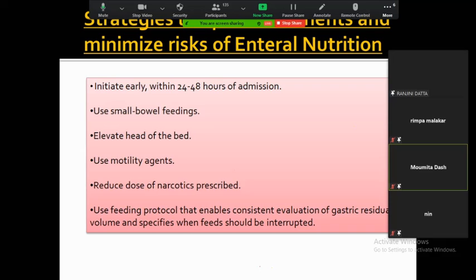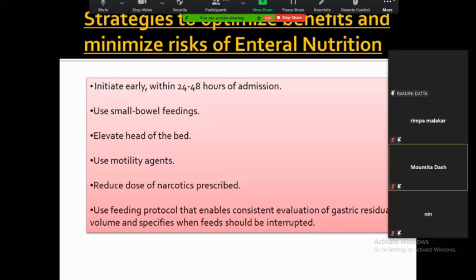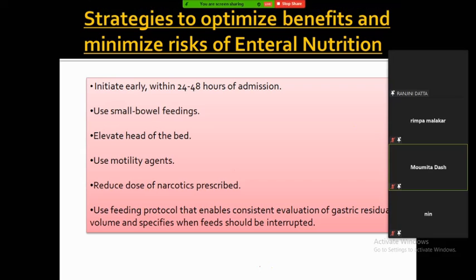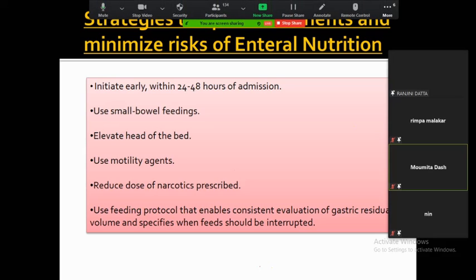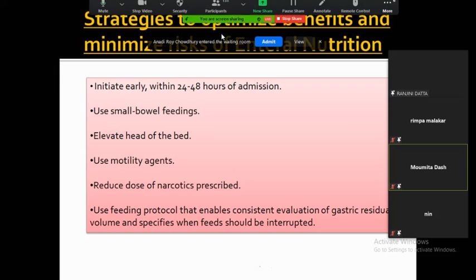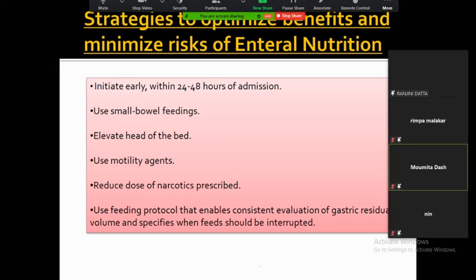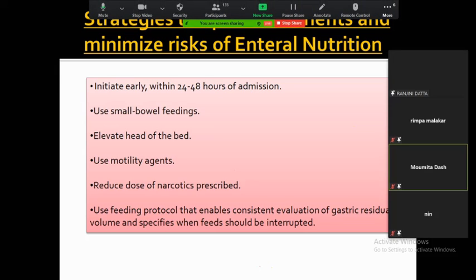There will always be a chance of aspiration if there is a huge tendency of antiperistalsis. So we can always request the clinician to try and use smaller amounts of opioid derivatives like tramadol and tapentadol, these kinds of common opioid derivatives that are used in the ICU protocol.